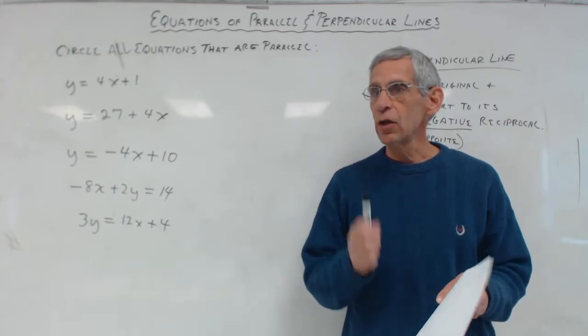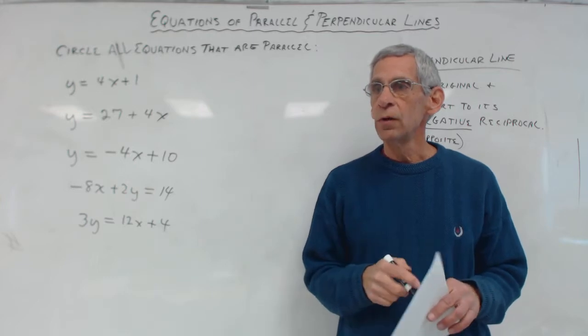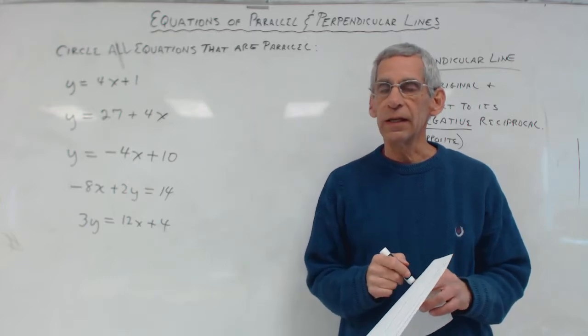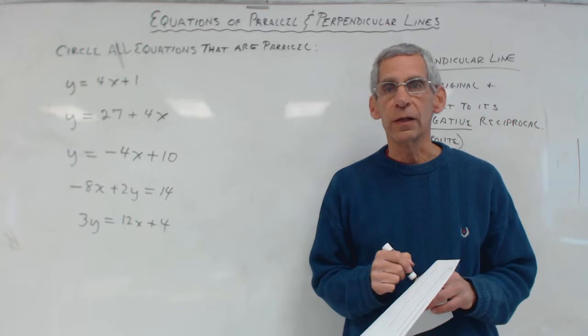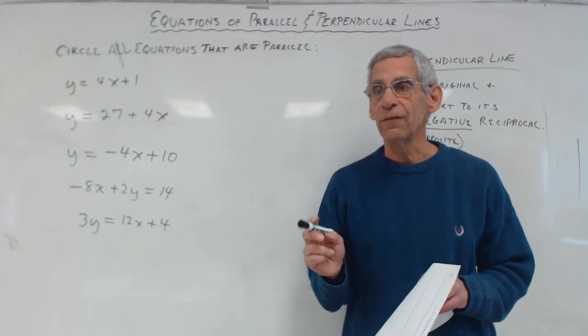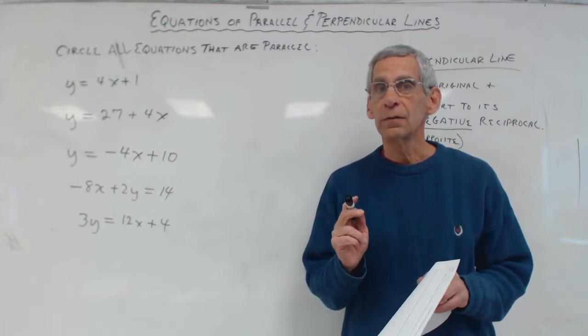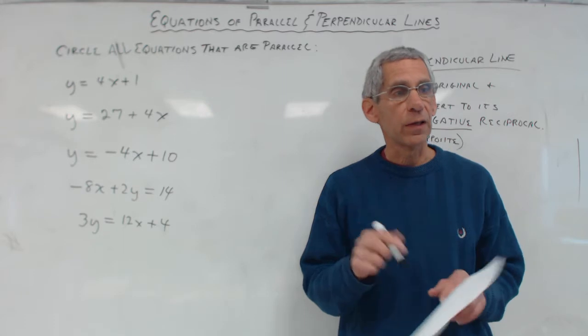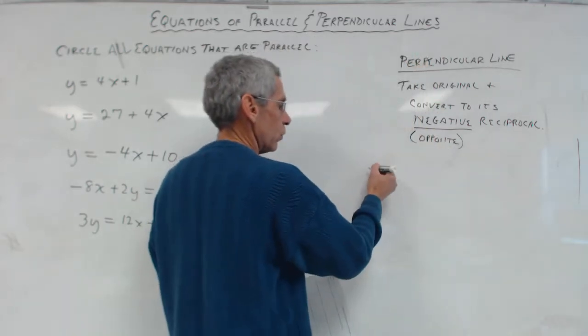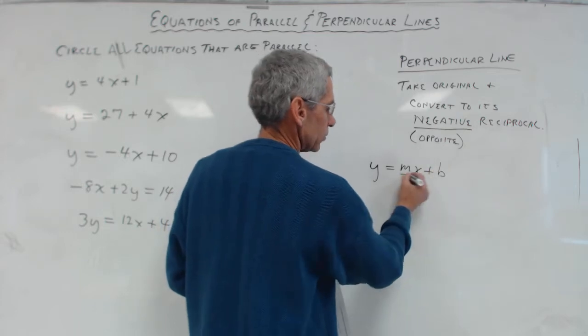What are we looking for? We're looking for a slope. Do we know the slope easily if it's in y equals mx plus b? Yes. Do we know the slope easily if it's in y equals b plus mx? Yes. That's the same thing, right? The slope is the m.